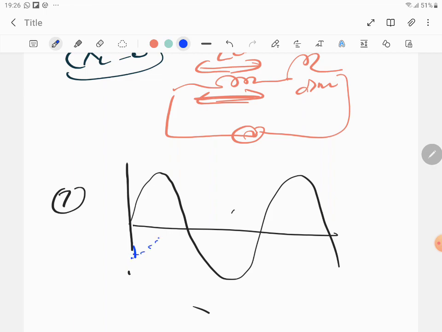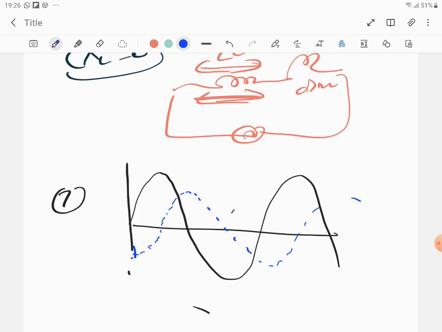As you can see, at the point where the voltage is maximum, is the current coming to 0? Just see.